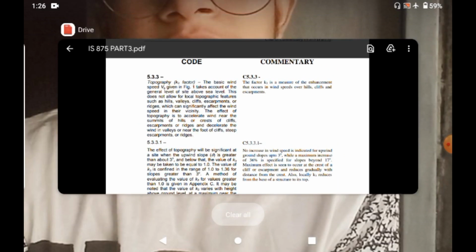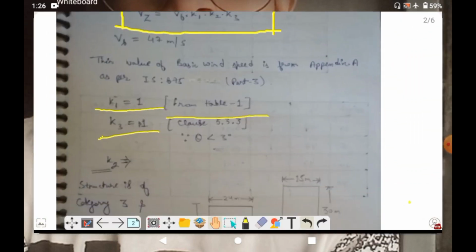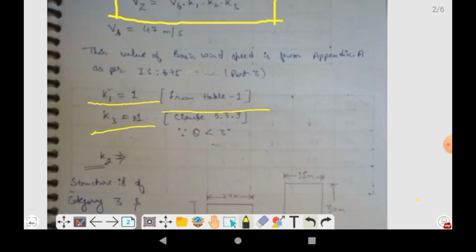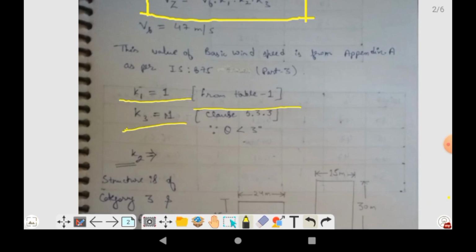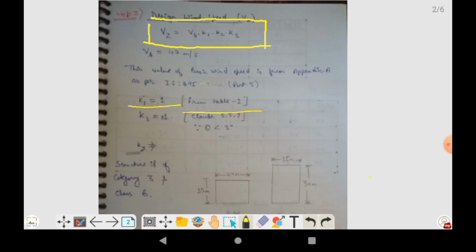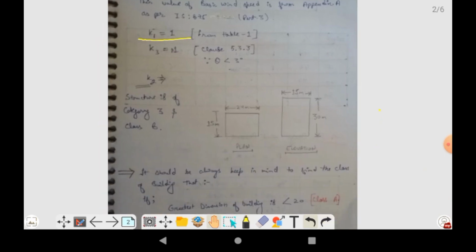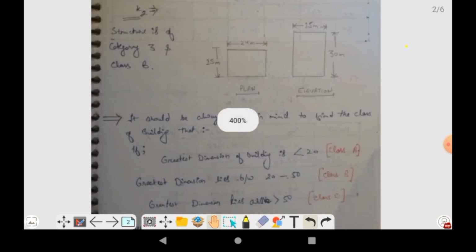So again let's move back to our question. Here you can see that we have calculated the value of k1, k2. Okay, so now we are going to calculate the value of k2. So for k2 we require to find, first of all, let us draw the plan and elevation of the structure.